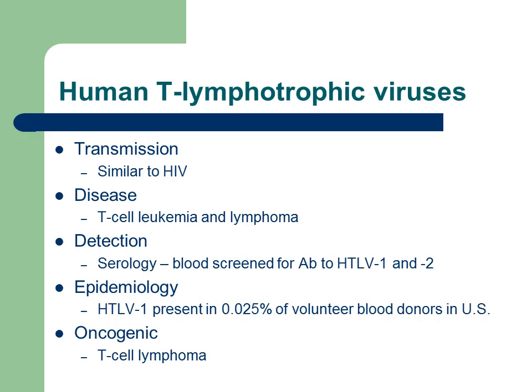So detection is serologically, where you screen blood for antibodies to HTLV1 and HTLV2, and HTLV1 is present in 0.025% of volunteer blood donors in the United States. HTLV is associated with T-cell lymphoma, so it's oncogenic, it causes cancer.